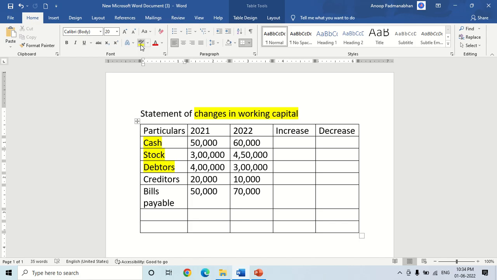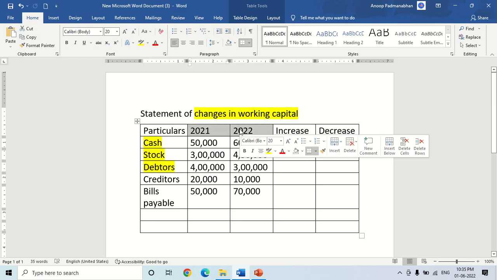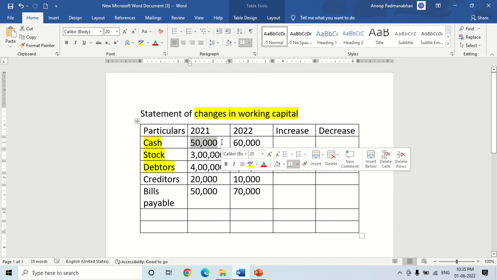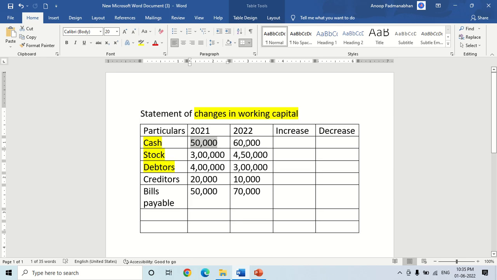Current assets, what we learned, same action. Whenever you are writing the amount column, you have to be very careful. You will be writing it in ascending order. First year it is 50,000. Next year it is 60,000. What happened to the value?